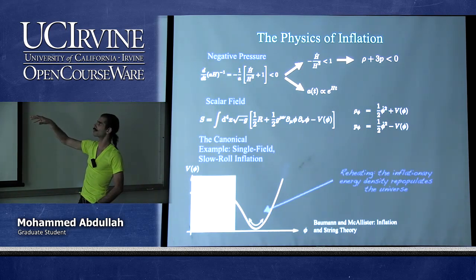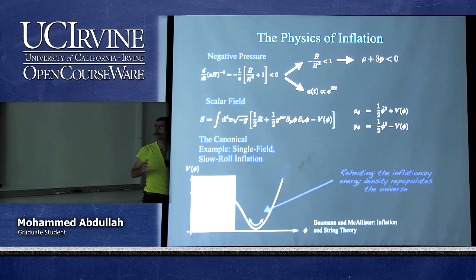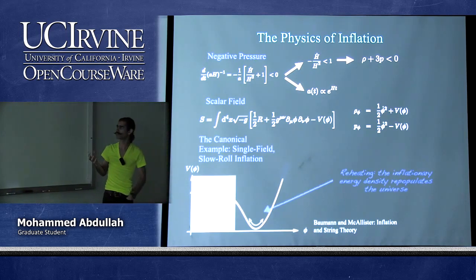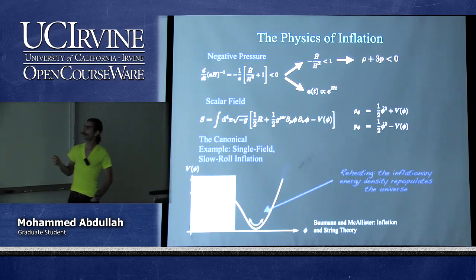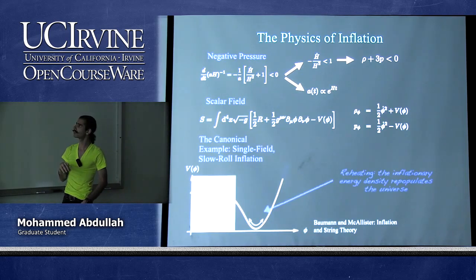And you get 2 consequences. A, if you plug that condition into the Einstein equation, you get that the pressure has to be negative, which is quite exotic, you need something exotic to do that. And under the assumption of an almost constant Hubble constant, you get that the scale factor is exponential in time, and hence the big word inflation.